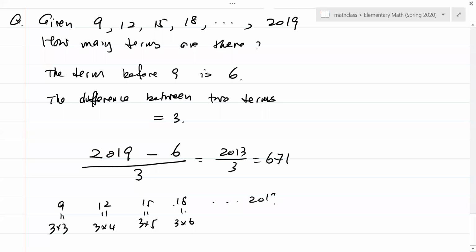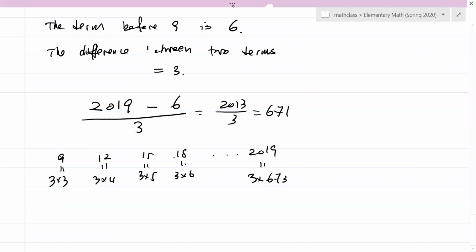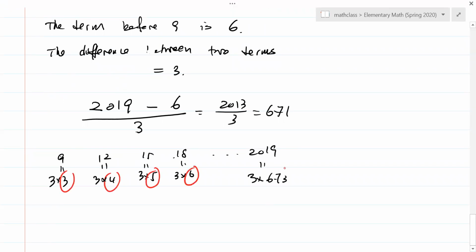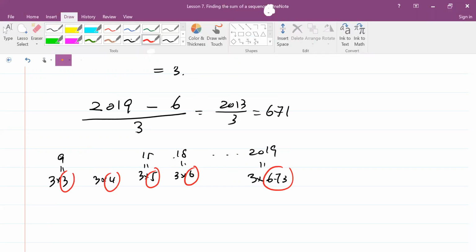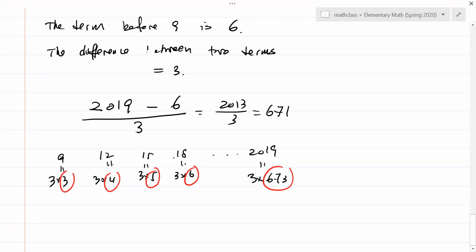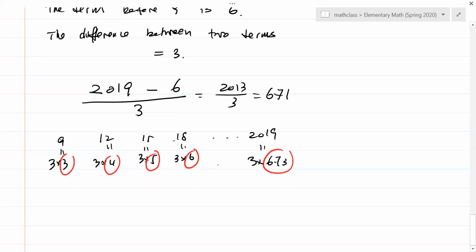And 2019 is 3 times, I'm going to divide by 3. 2019 divided by 3 is going to be 673. So you see that, then you get the corresponding new sequence, and then you can easily count how many terms there are. You start from 3, 4, 5, 6, right?